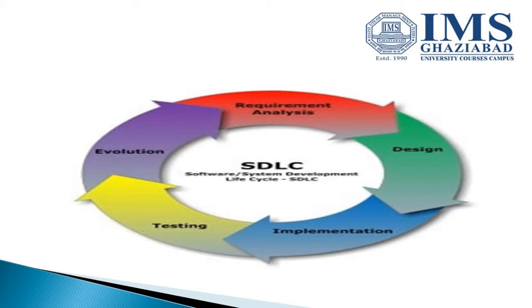Now the fourth is your testing process. After developing your software, check all the functions, verify all the functions, whether it is working properly or not. If it is working properly, then your software is good.